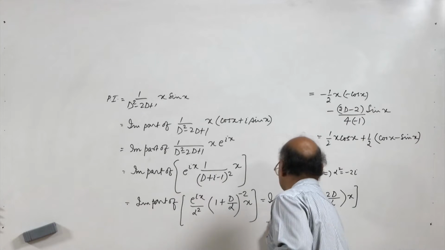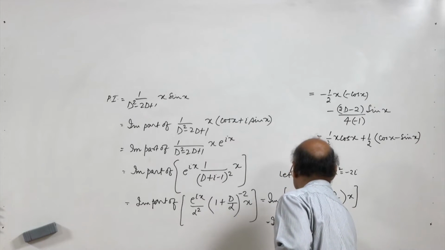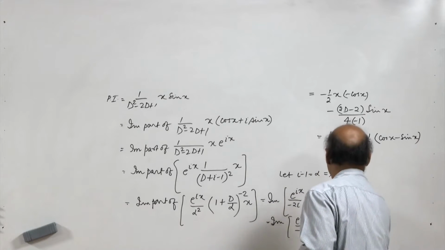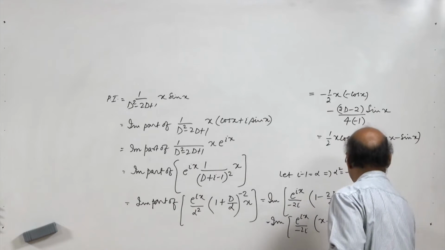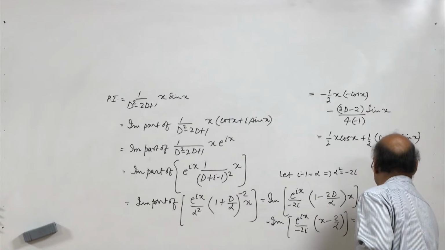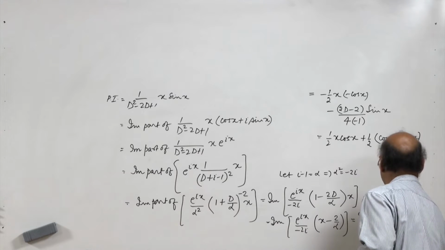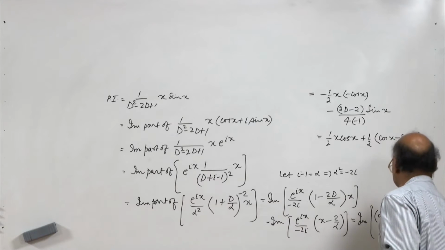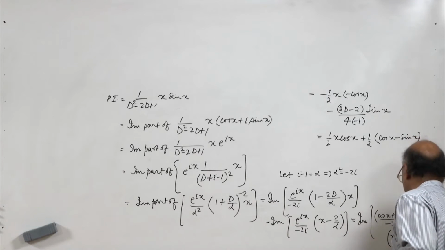So this will be equal to the imaginary part of x minus 2 upon alpha. Now, this is equal to the imaginary part of cos x plus i sin x divided by minus 2i into x minus 2 upon i minus 1.